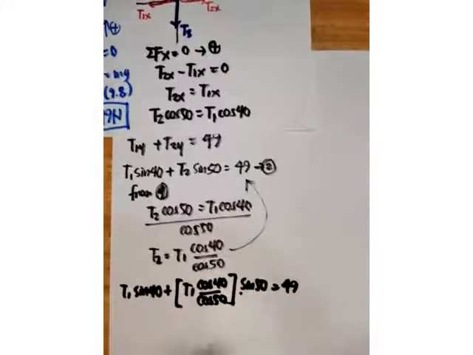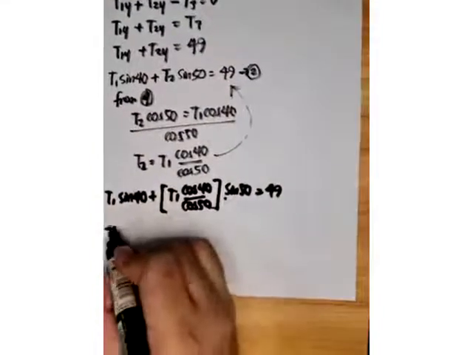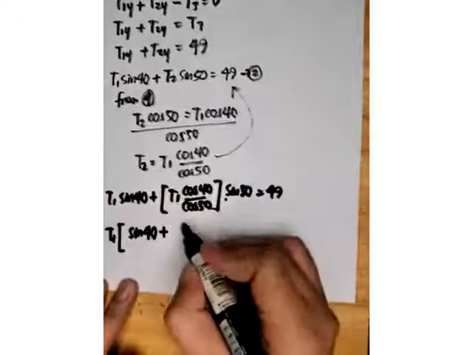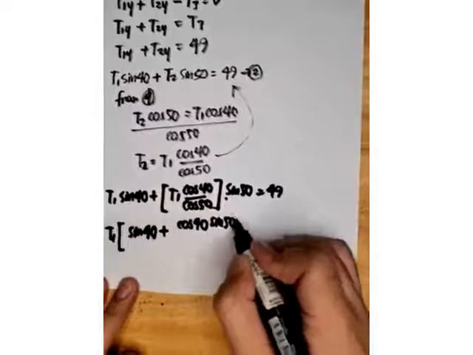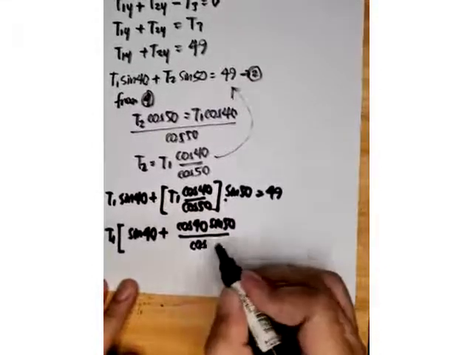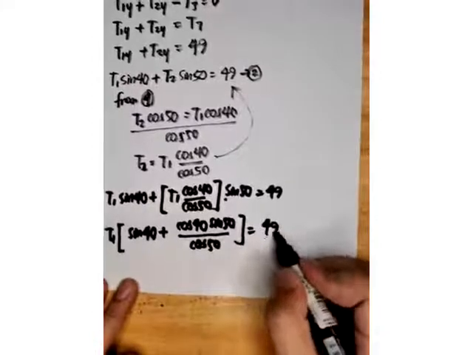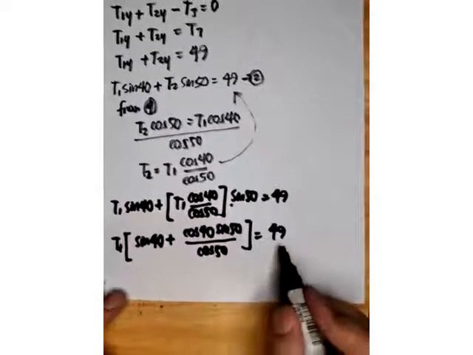So ang gagawin lang natin is i-factor out na lang natin yung T1. So T1 times the quantity sine 40 plus cosine 40 sine 50 over cosine 50. Okay, so that's equal to 49. Okay? And then i-divide nyo na lang to ng 49.